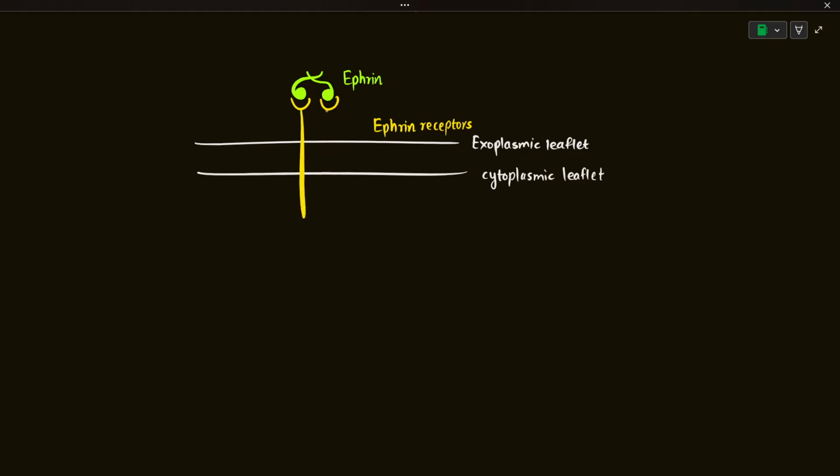Due to Ephrin promoting the dimerization of the receptor, those receptors come into close proximity, and the inactive tyrosine kinase domains coupled with them will get activated, and they are going to do the phosphorylation. So these are the tyrosine kinases.